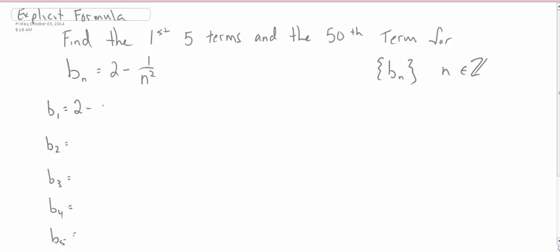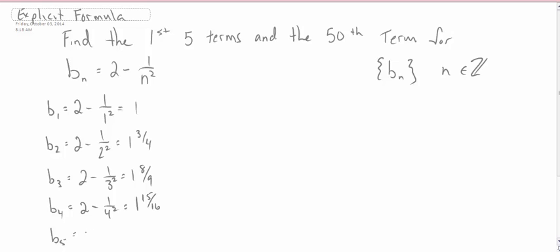So 2 minus 1 over 1 squared, so the first term is 1. b2, 2 minus 1 over 2 squared, so this would be 1 3/4. b3, 2 minus 1 over 3 squared, 1 8/9. 2 minus 1 over 4 squared, 1 15/16. 2 minus 1 over 5 squared, 1 24/25. And we could keep generating terms this way.